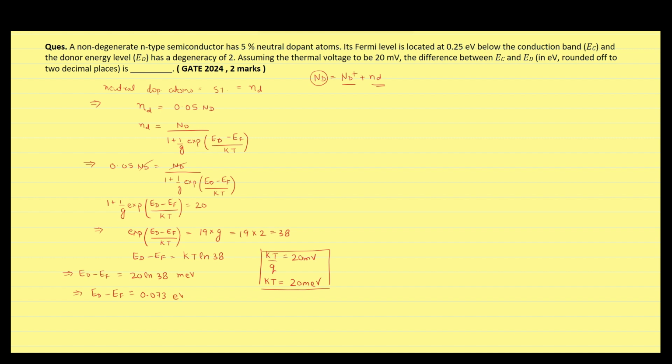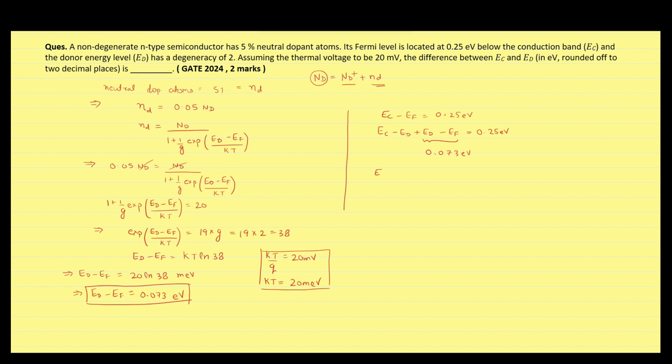0.073 electron volt. Now it is also given that the Fermi level is located 0.25 electron volt below the conduction band, meaning EC minus EF is equal to 0.25 electron volt. This can also be rearranged, and this expression we just found to be equal to 0.073 electron volt.